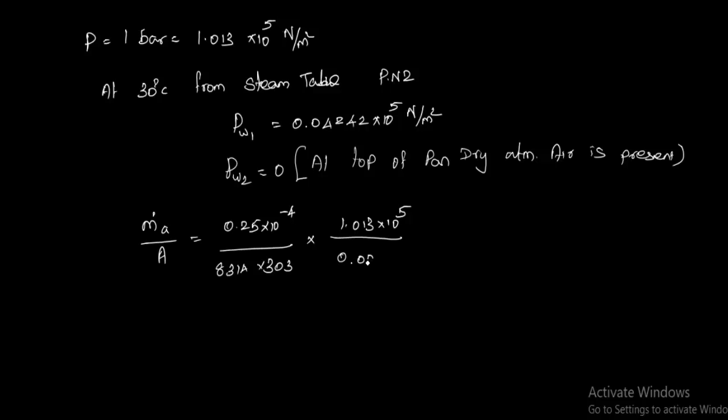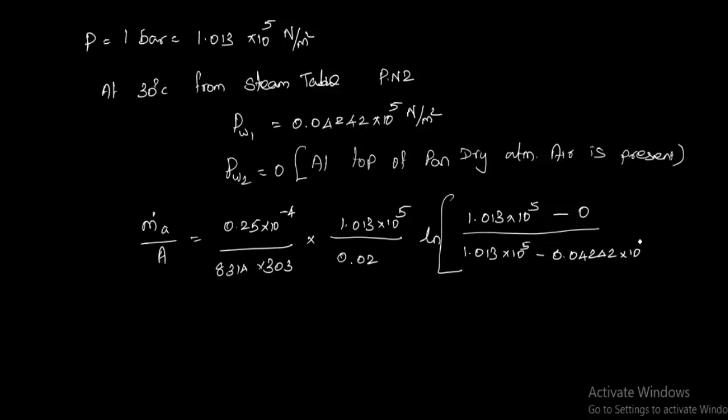So it is 0.02 into ln of (1.013 into 10 to the power 5 minus PW2, which is 0) divided by (1.013 into 10 to the power 5 minus PW1, which is 0.04242 into 10 to the power 5).